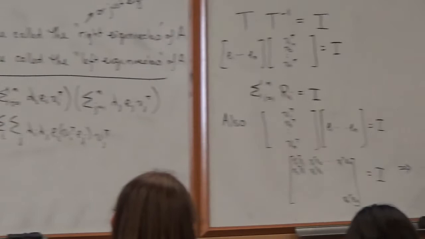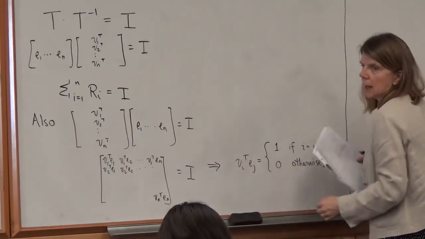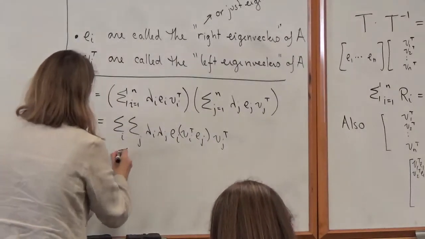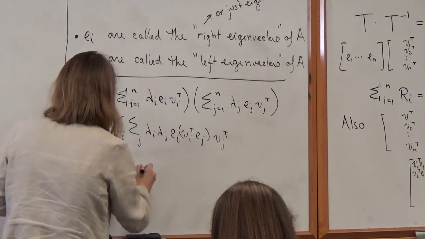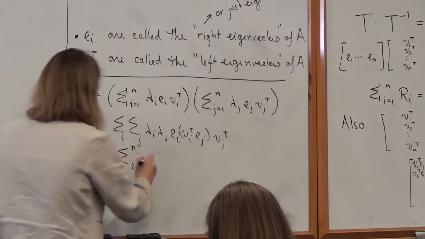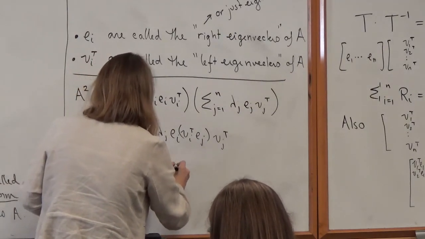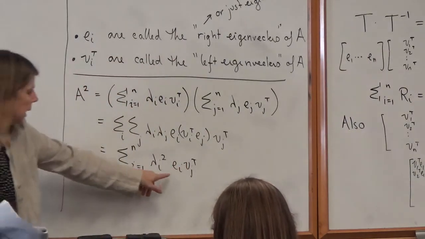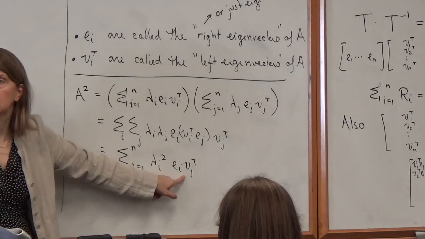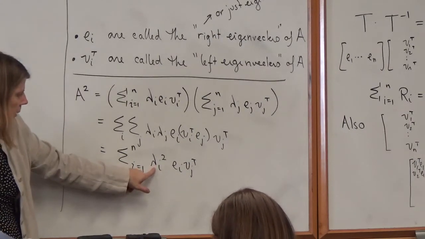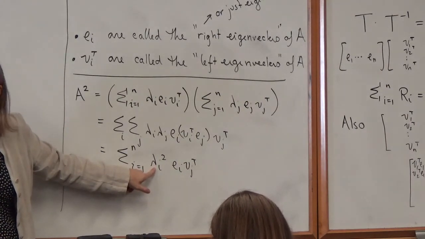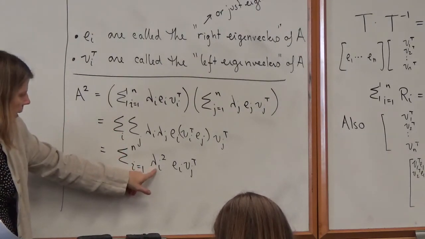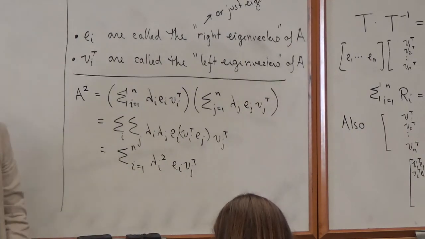We know that that's equal to 0 unless i equals j. So now we can collapse that double summation into a single summation, the summation from i equals 1 to n of lambda i squared e i nu i transpose. The same dyad from A, right? But the eigenvalues are now lambda i squared. So A squared has eigenvalues that are lambda squared, and it has that same dyadic expansion.